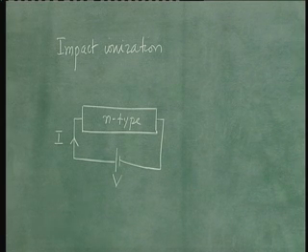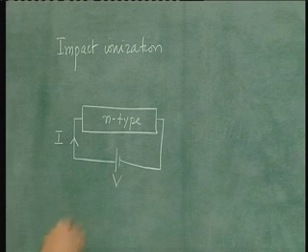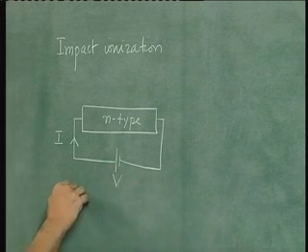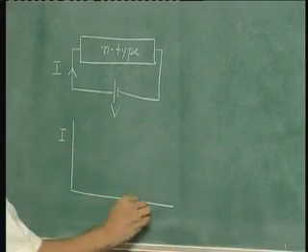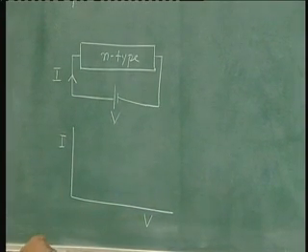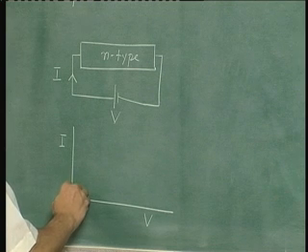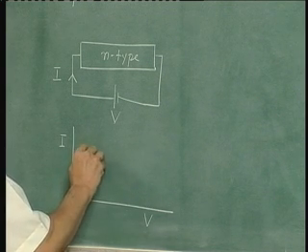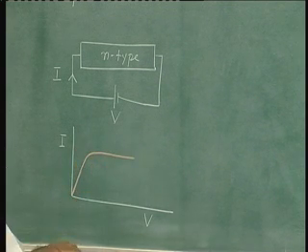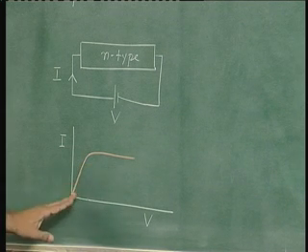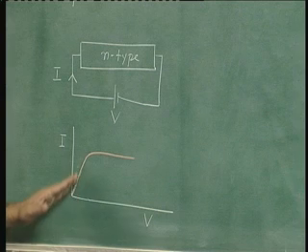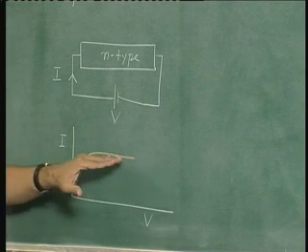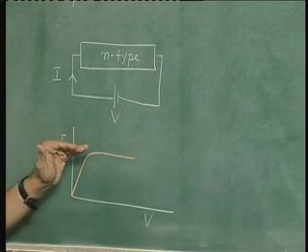There is a current I flowing through this. We will assume that the semiconductor is uniform. We have already shown that if you plot the current as a function of voltage, the picture would look something like this. That is, the current will increase linearly for small voltages, but for large voltages it will saturate. This is because the drift velocity saturates.